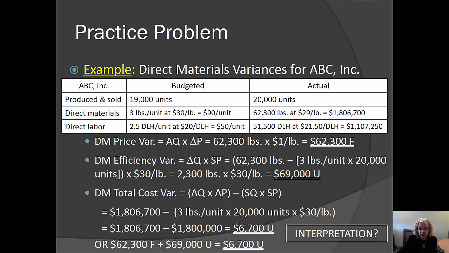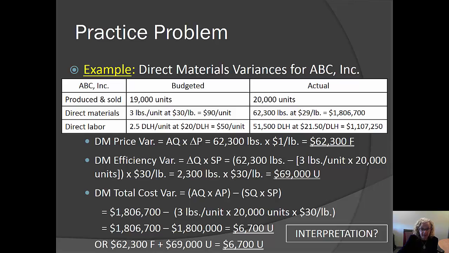In fact, the additional cost from using more far outweighed the cost saving from paying $29 a pound instead of $30 a pound. It may be that the price simply went down and the quality went down even more.